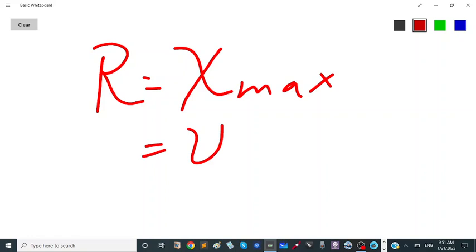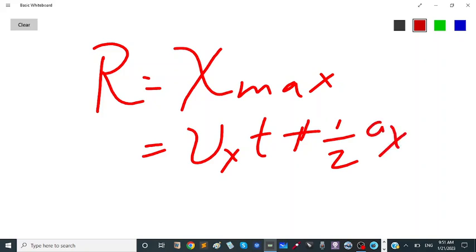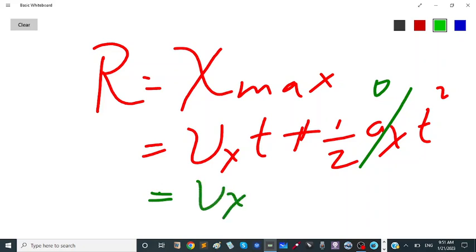Which is equal to ux times t plus half of a_x t square, but we know that this value is 0, so simply we can write, to clarify, let us take total time, t total.